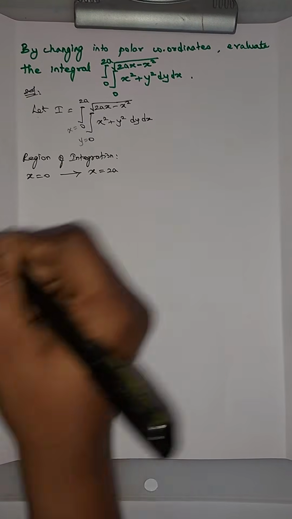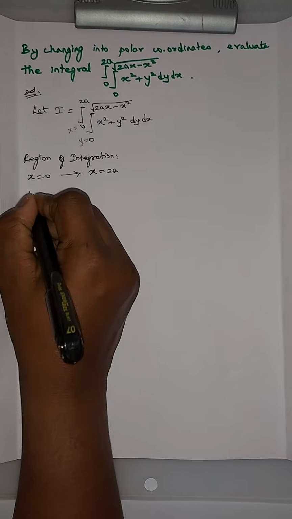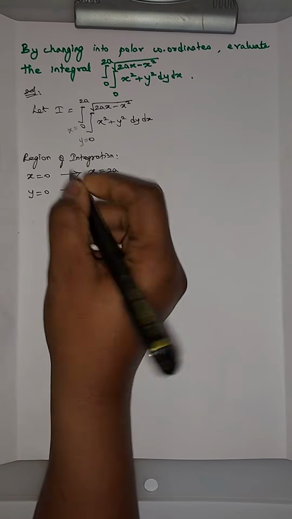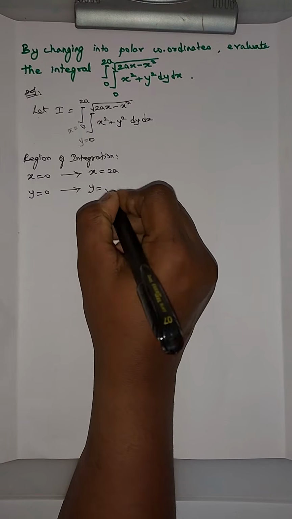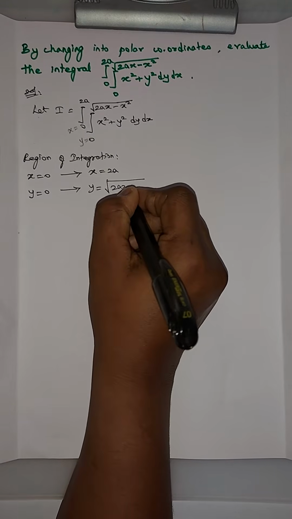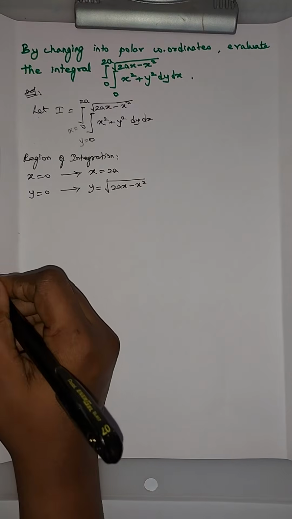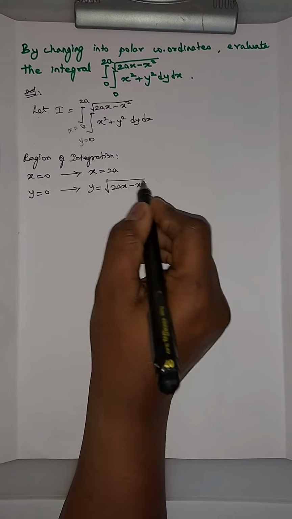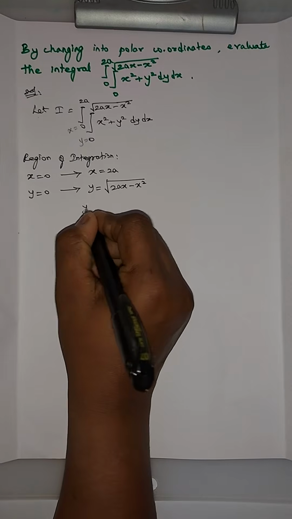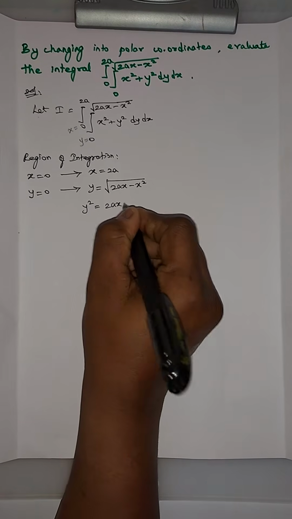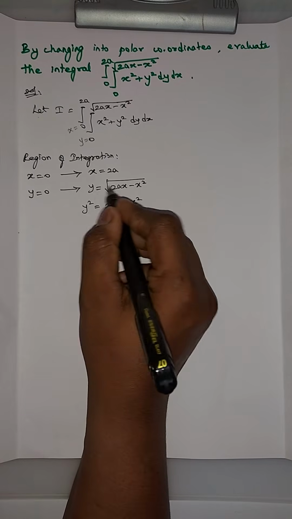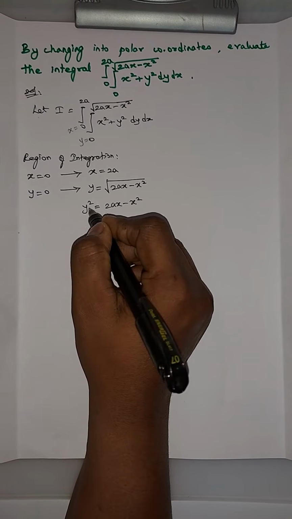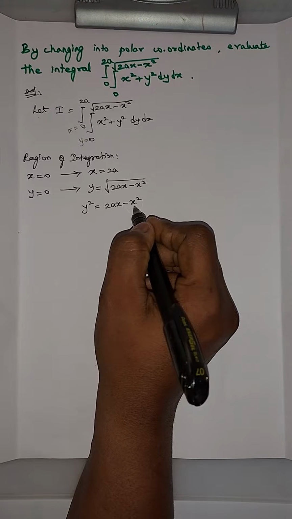Y varies from y is equal to 0 to y is equal to root of 2ax minus x square. Now rewriting this alone, I have squared both sides. So we get y square is equal to 2ax minus x square.